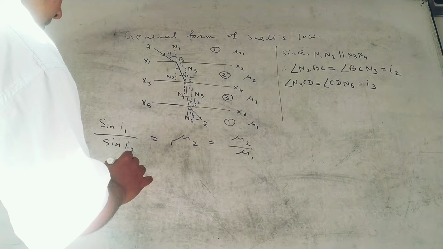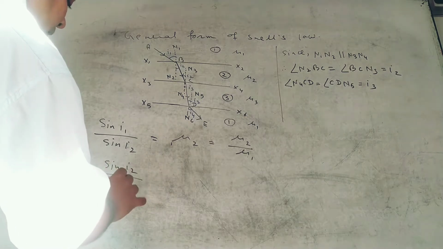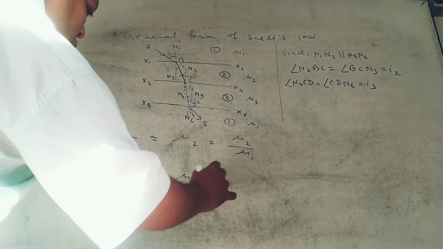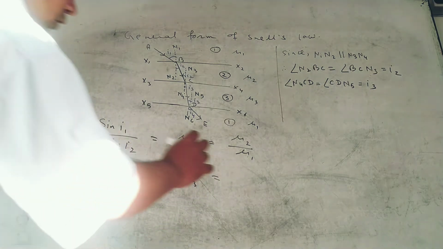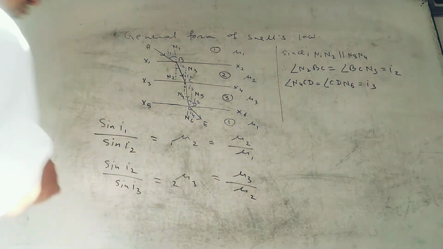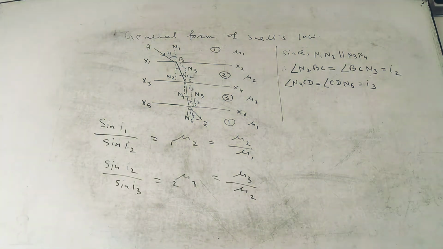Sin I2 by sin I3 is equal to mu 2 to 3, which is equal to mu3 by mu2.